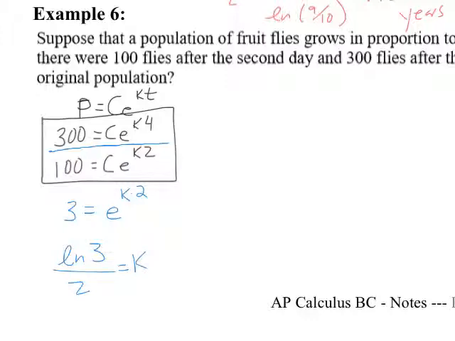But k was not our target. We want to actually plug that in to figure out what was C, what is our initial population. So we're going to plug this into one of our formulas. I prefer smaller numbers, so I pick my first formula, and I plug in for the k value, ln of 3 over 2.